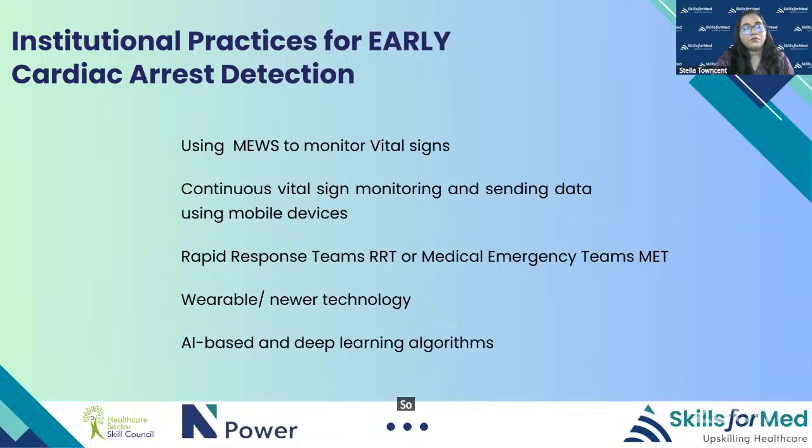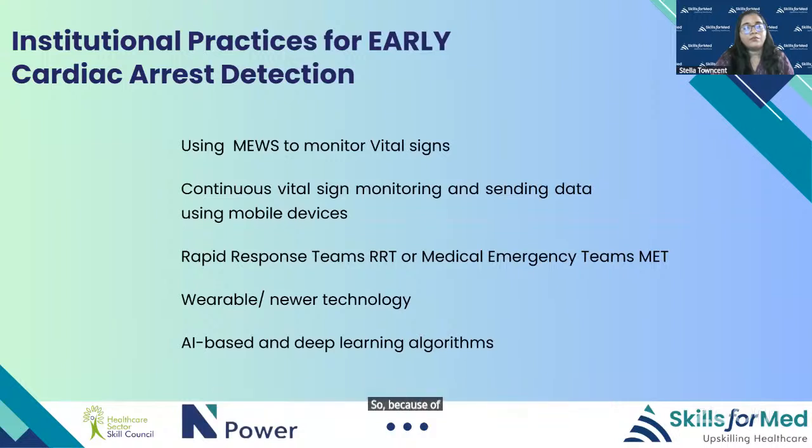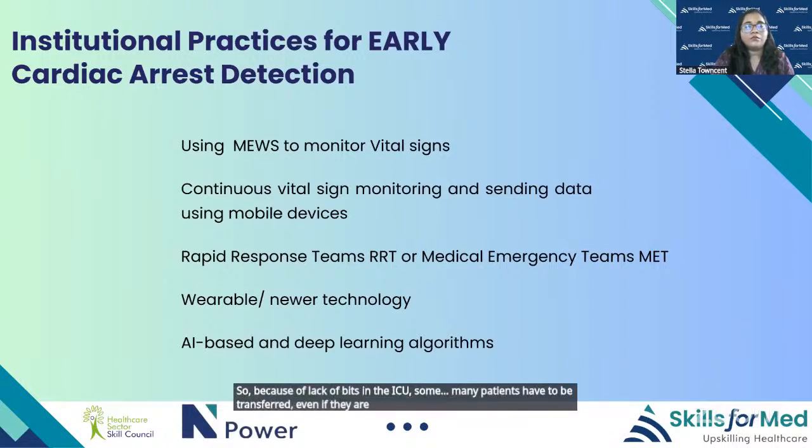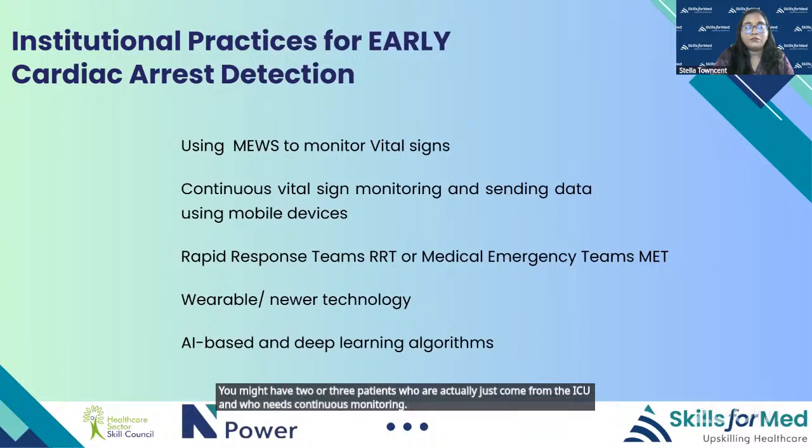So even though a patient may be in a mixed ward, because now we have a lack of beds, which is a big problem. Because of lack of beds in the ICU, many patients have to be transferred. We would keep them in the ICU if we had beds, but we need beds for more serious patients. So in a typical ward in an acute care hospital, you might have 2 or 3 patients who have just come from the ICU and who need continuous monitoring, and this really helps.